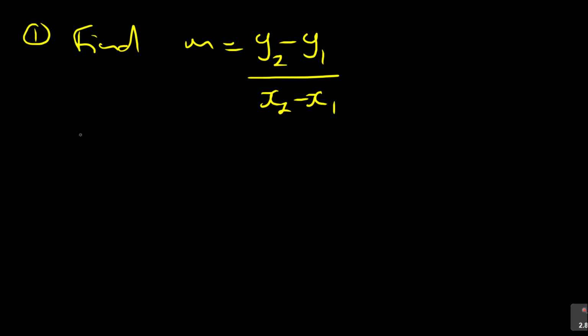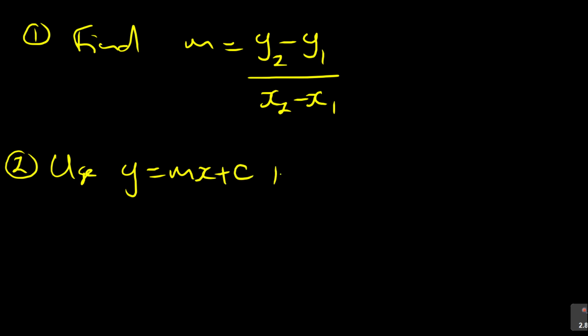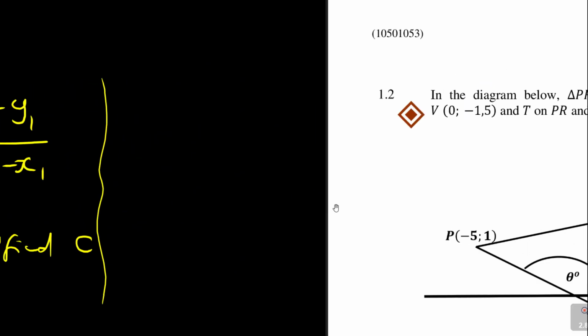So we're going to find it. Number 2, use y is equal to mx plus c to find c. So let's do that. So we can find the gradient here.